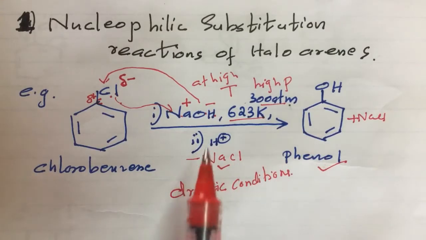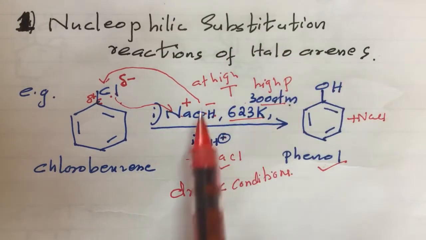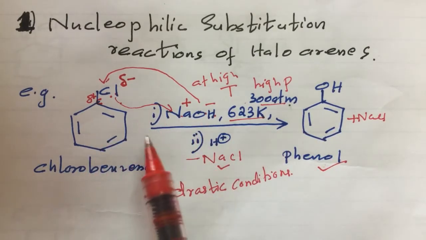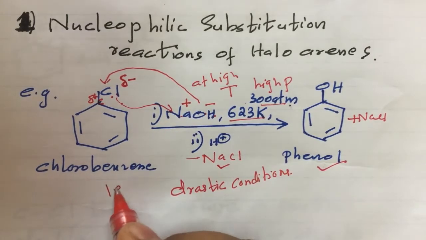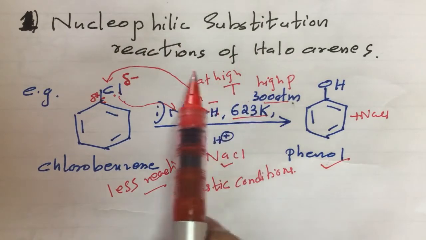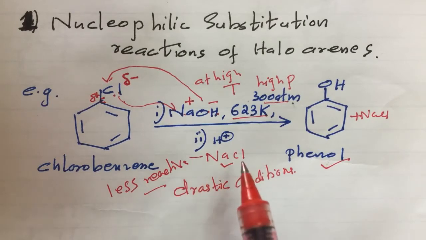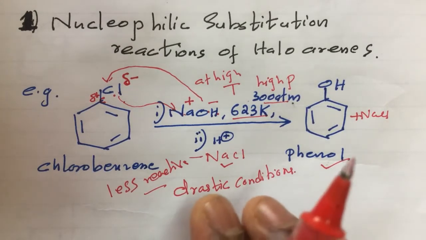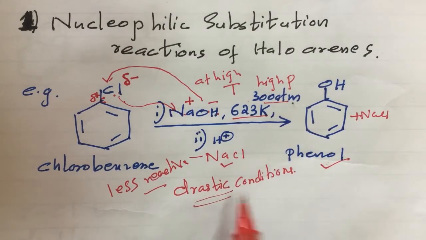From this it is very clear that nucleophilic substitution reactions of haloarenes are generally difficult to take place. Haloarenes like chlorobenzene are less reactive towards nucleophilic substitution reactions.